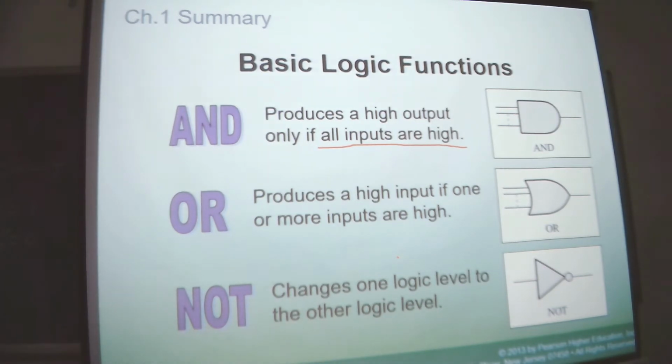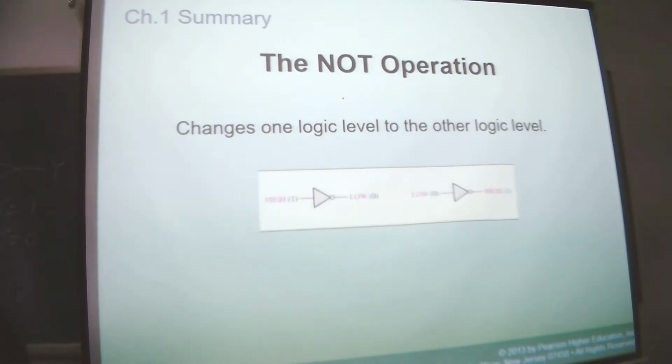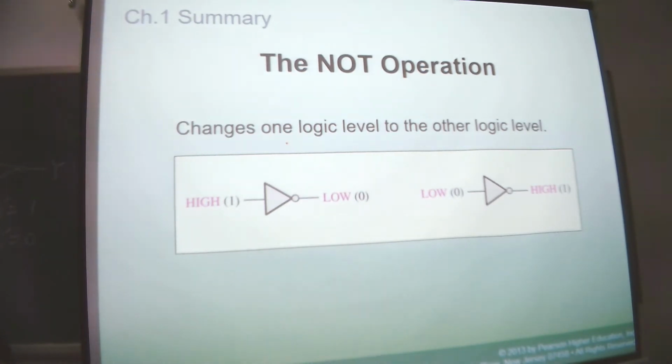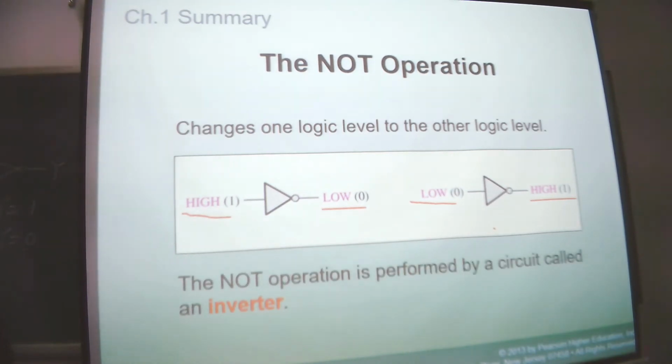The NOT operation changes one logic level to the other logic level. High level changes to low level. Low level changes to high level. And this kind of operation is performed by a circuit called an inverter.